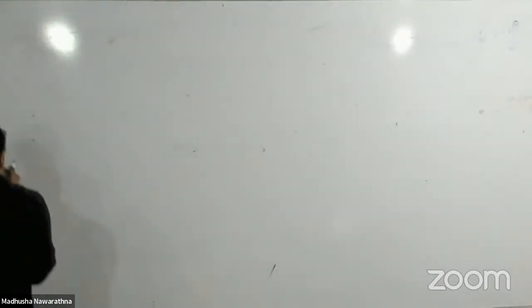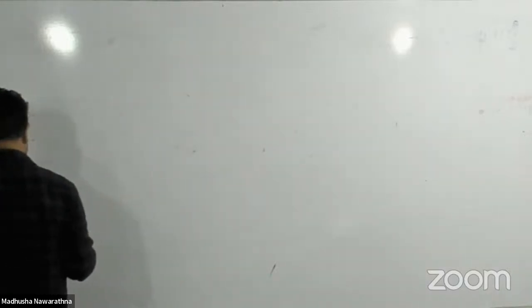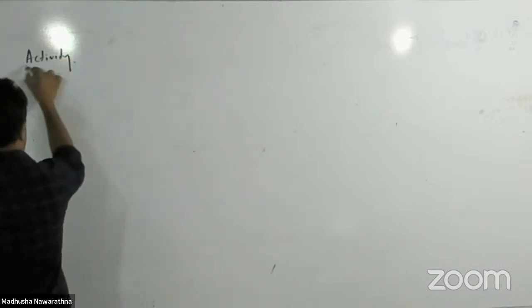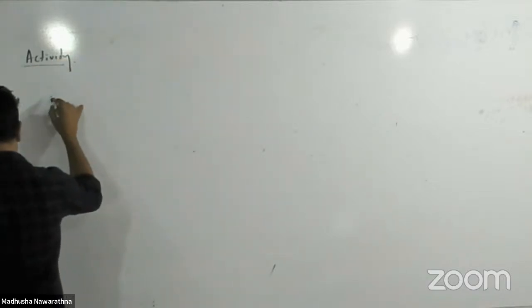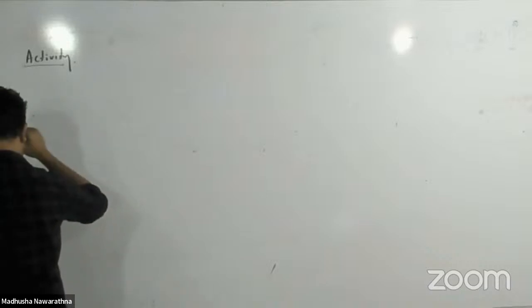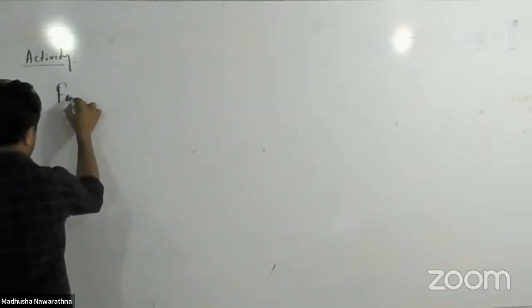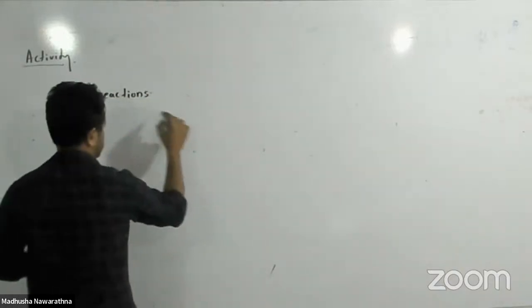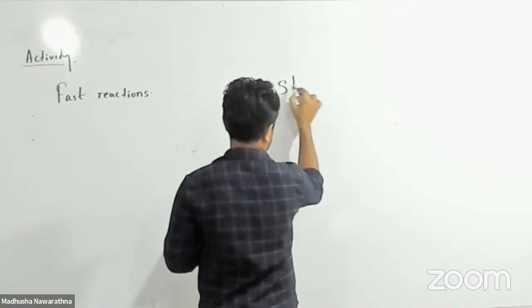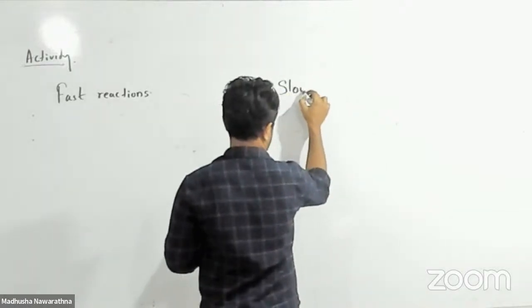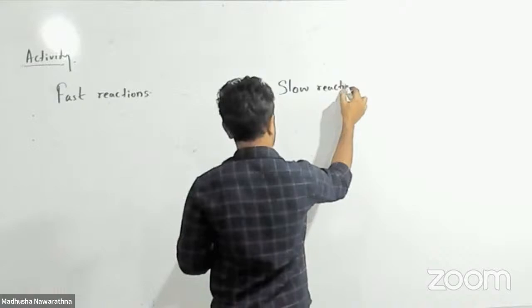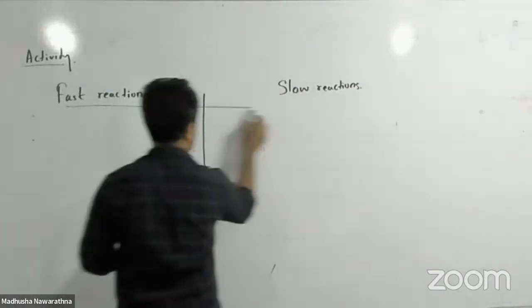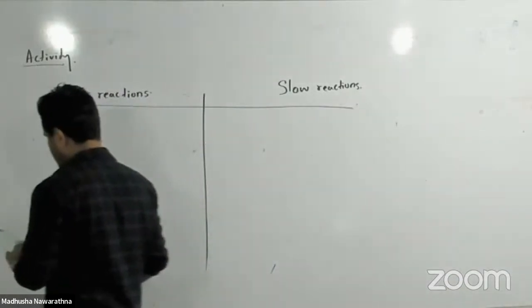Then write these examples. Not the example, activity. Here you have the fast reactions and the slow reactions.